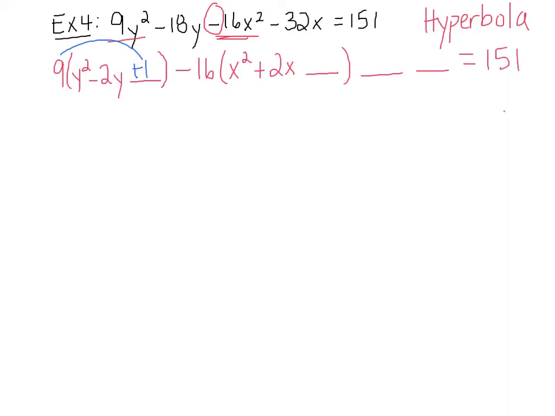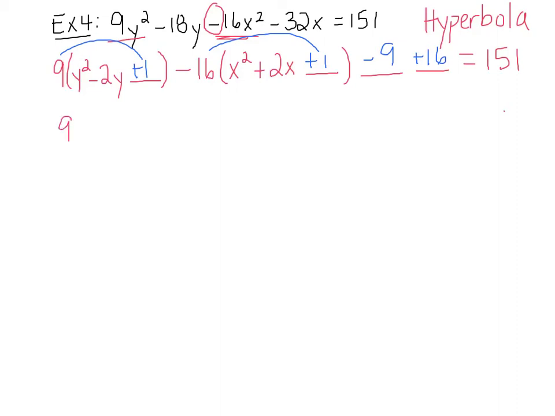Okay, so you're going to balance it with a minus 9. And then you have half of 2 is 1, square it, that's plus 1. But when you multiply it together, that's going to give you a negative 16. So when you balance it, you need to balance it with a positive 16. Alright, so let's go ahead and finish it up and simplify it.